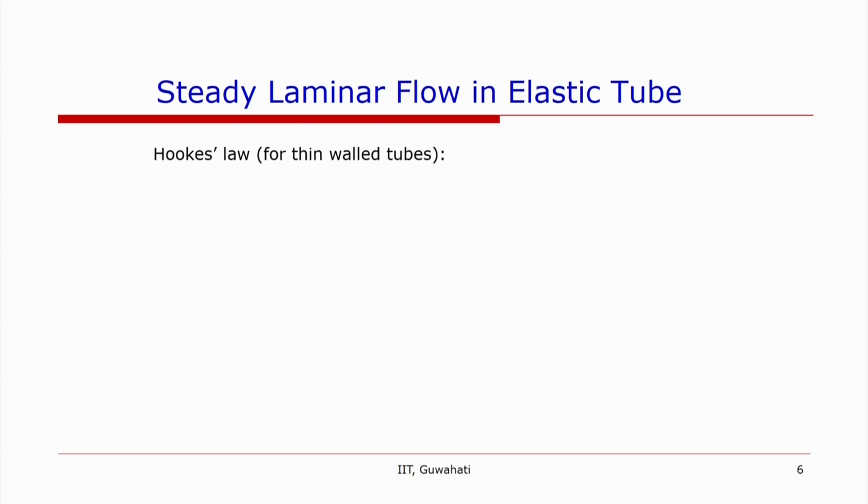Now we can use Hooke's law for thin wall tubes. You might remember that Hooke's law is valid for a perfectly elastic material, and says that the deformation e is equal to sigma over capital E, where capital E is the modulus of elasticity. Now in the circumferential direction, what is e?